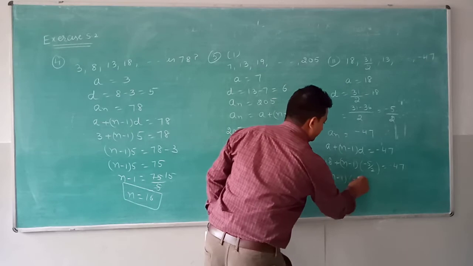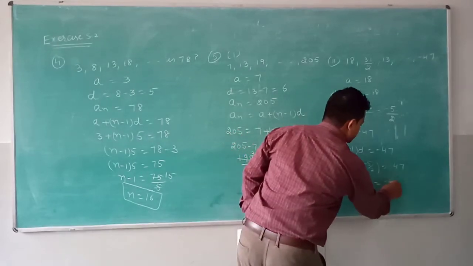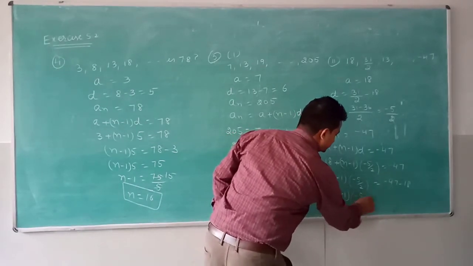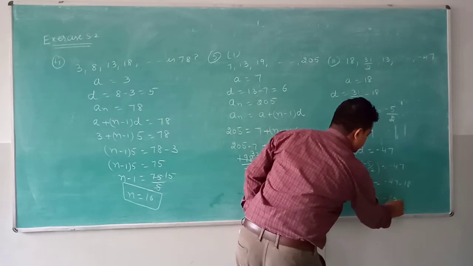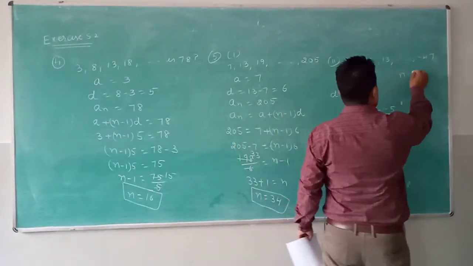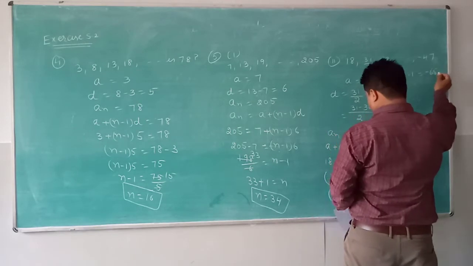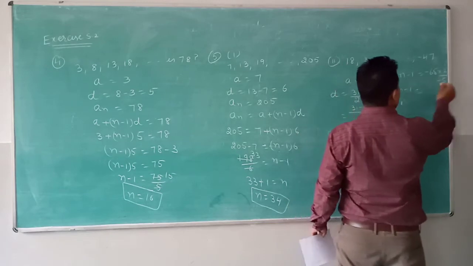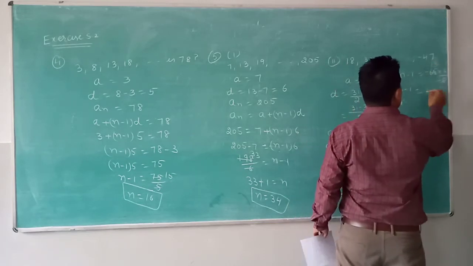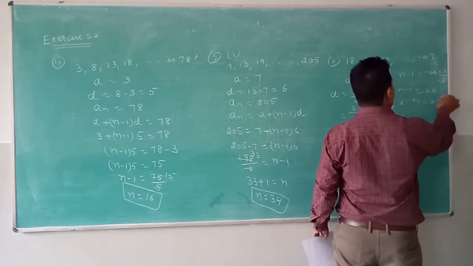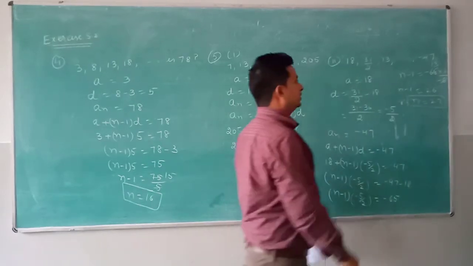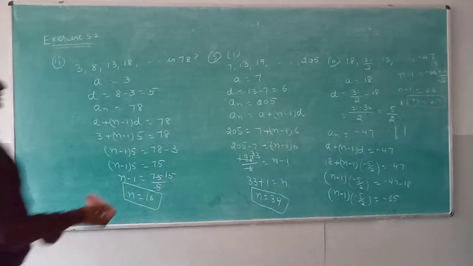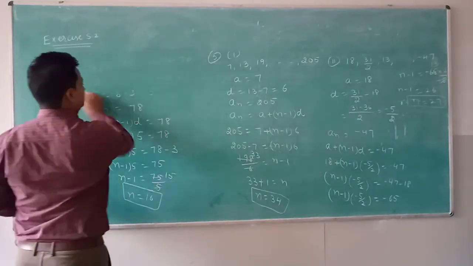So (n minus 1) into minus 2.5 equals minus 47 minus 18, which is minus 65. So n minus 1 is equal to 65 into 2 upon 5, so n minus 1 is 26. So n is 27. This means the 27th term of this AP is minus 47.